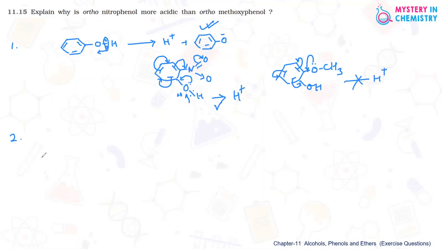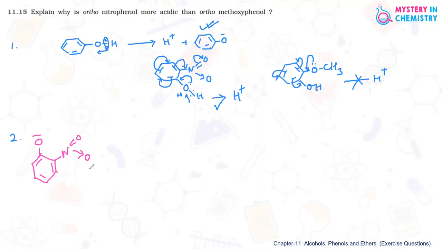It is because of resonating structures, which you can make. Oxygen negative, and here at the ortho position the nitro group is present.